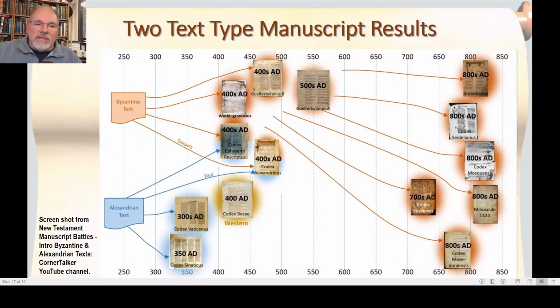Now, this shows you kind of the flow of the two manuscript results. In other words, how did we get the majority text? If you look on the far right, that's really representative of the majority text.